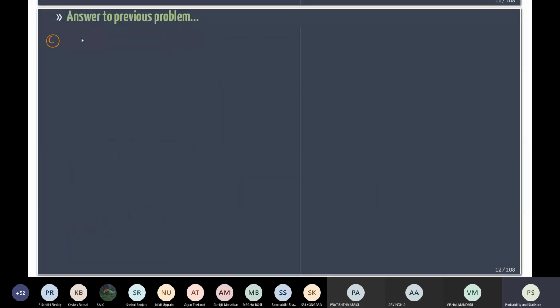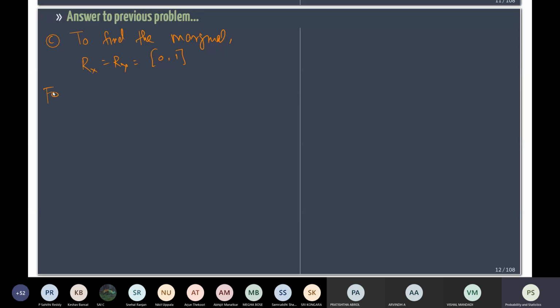So this is the C part where we are supposed to find the marginals, right? So f_X(x), so we have to integrate out the y part. To find the marginal, the first thing is to know the ranges. So ranges are 0, 1.